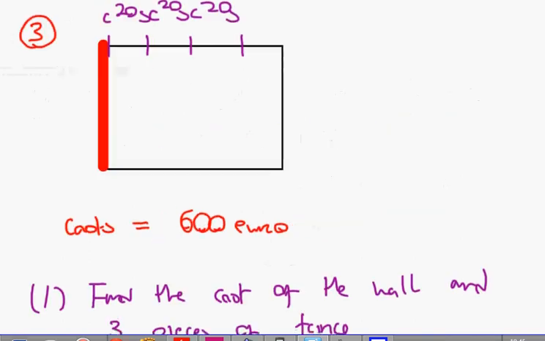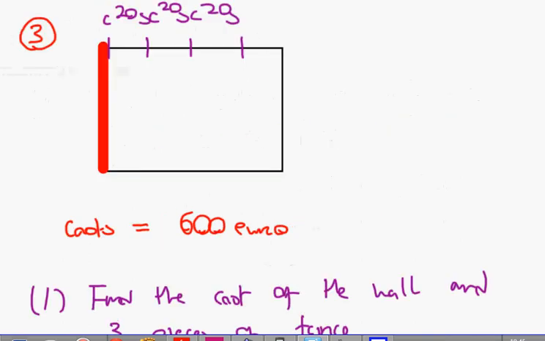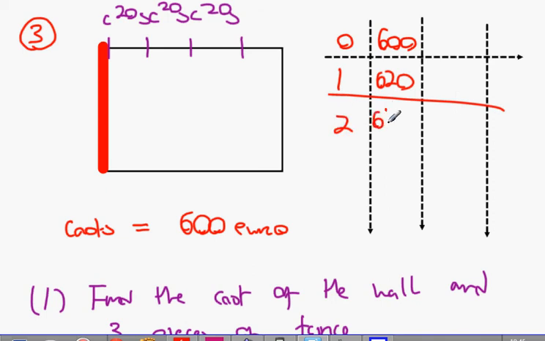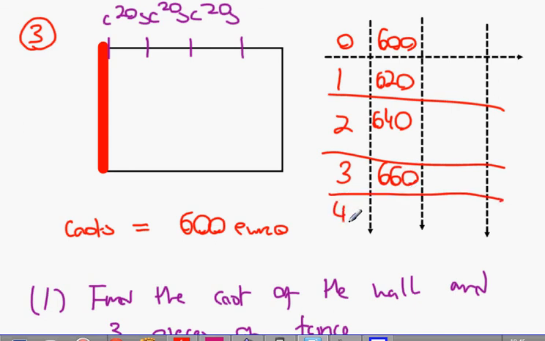The next part here is basically a sequence involved here, okay? If you were to look at a table of this and do a table with the number of fences, so for example, 0 fences cost 600 because the wall's compulsory. 1 fence is 620, 2 fences 640, 3 fences 660. What type of series is this?